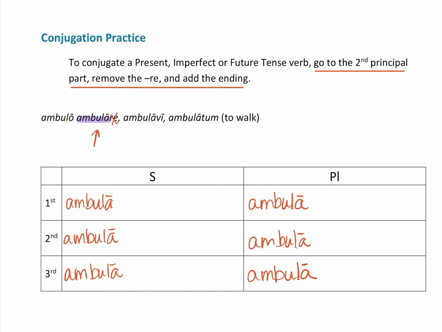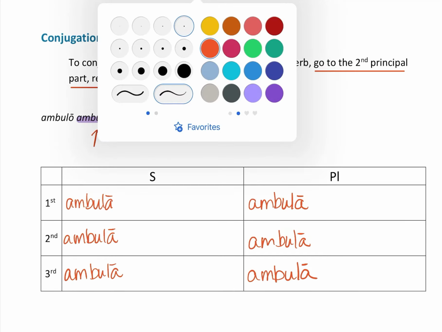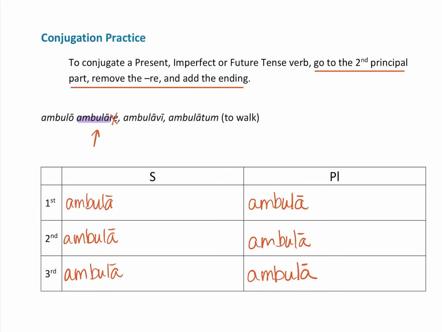And you remember from above, and we do it in a different color here so that it's easy to see: ambulabam, ambulabas, ambulabat, ambulabamus, ambulabatis, ambulabant. And yes, these verbs are going to get longer and longer and longer.